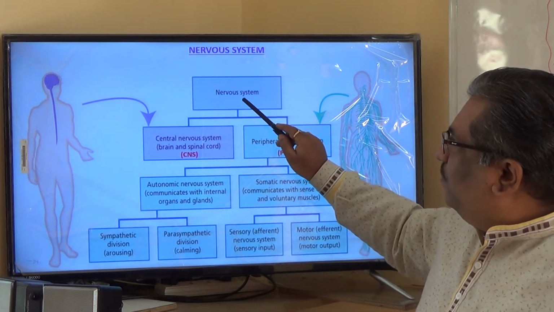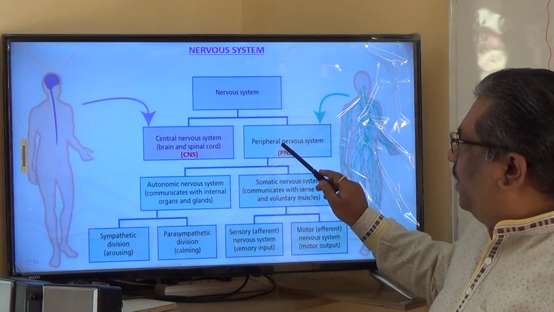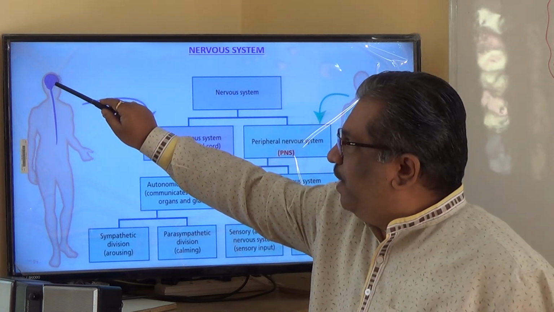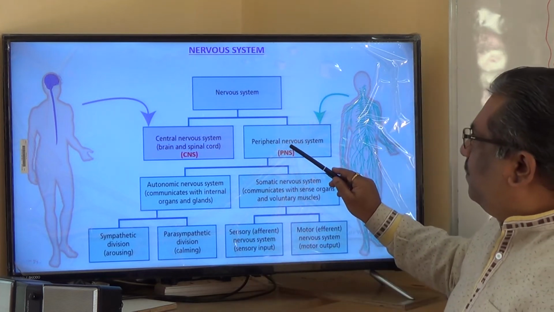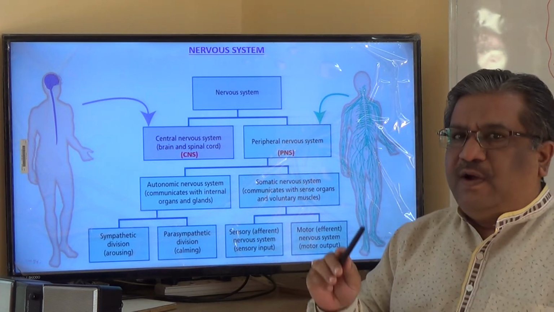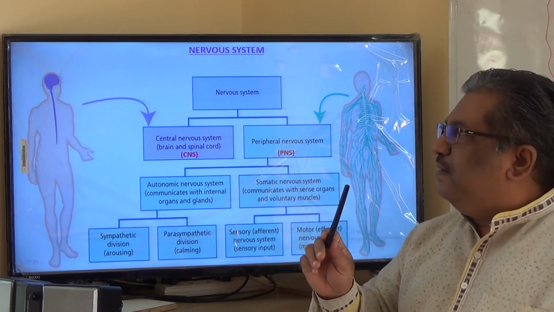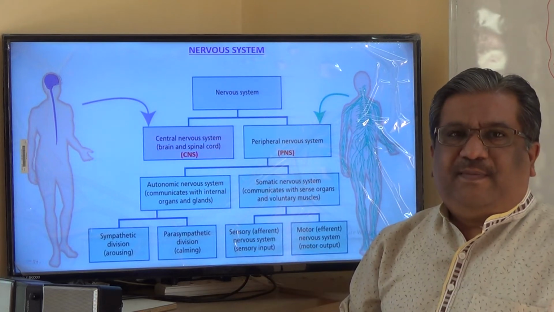The nervous system has mainly two parts: the central nervous system and the peripheral nervous system. The central nervous system consists of the brain and spinal cord only. The peripheral nervous system consists of all nerves excluding the brain and the spinal cord. Is it clear?